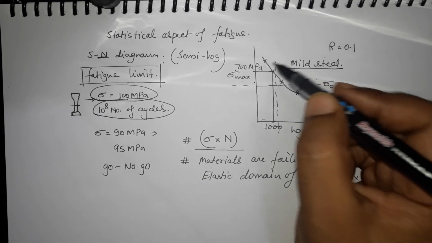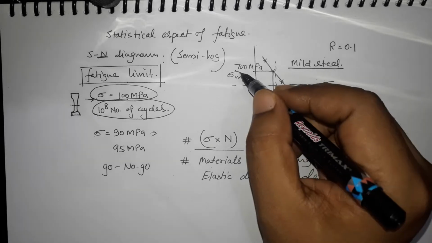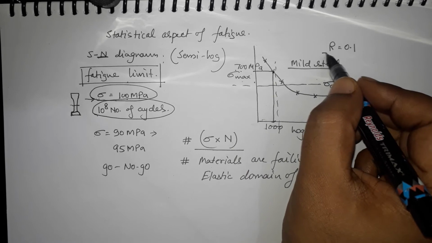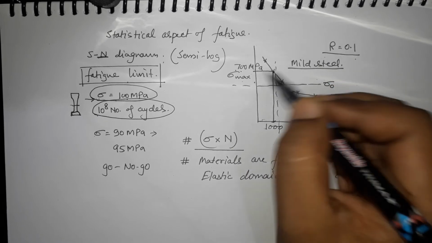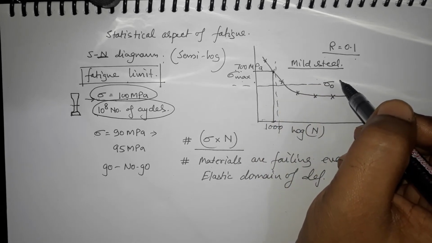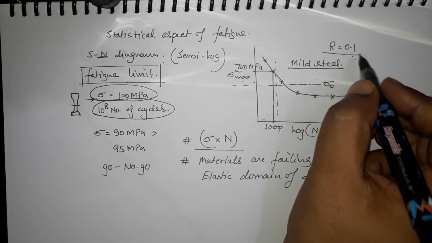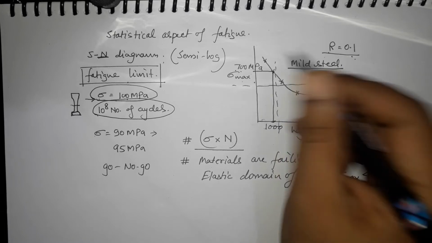So the question is, if you take the same steel and apply the same stress, 700 megapascal, with an R ratio of 0.1, okay, and mean stress is 0, so complete reversal, and no, mean stress is not 0 because R is positive. So mean stress cannot be 0. So there is no complete reversal.